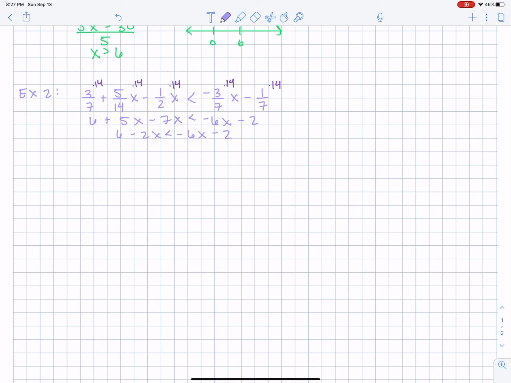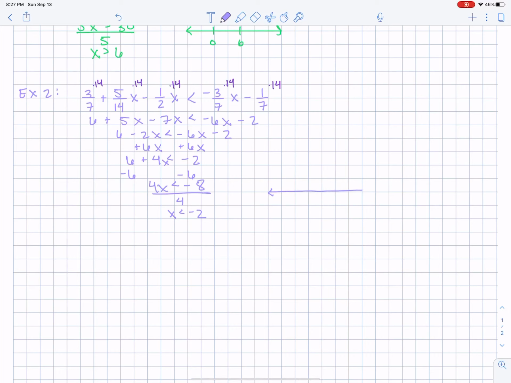You guys have actually gotten pretty good at this, so I want to show you how we can solve this one. We get 4x is less than negative 8. When we divide by positive 4, we get that x is less than negative 2.